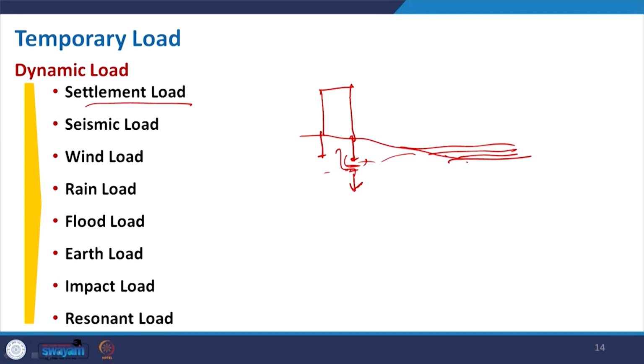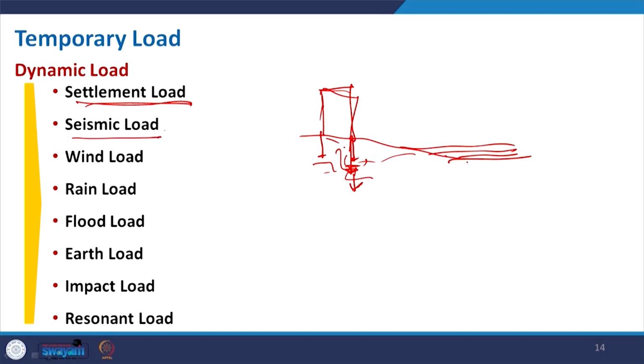The self weight, the dead load, will try to push it down, so the building may tilt. Due to settlement of the soil below the structure, below the ground, it may cause some damage. That load which actually does the damage is called settlement load.